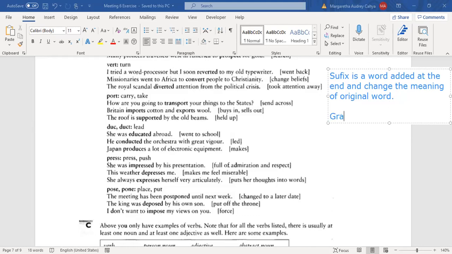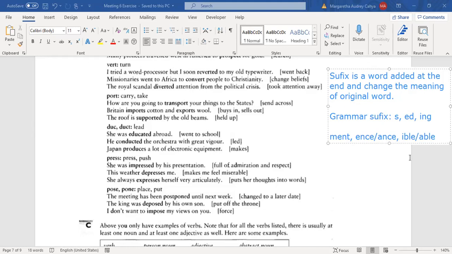There are grammar suffixes: s, ed, and ing. And then there are also suffixes that completely change the word, like -ment, -ance or -ence, and -able or -ible.